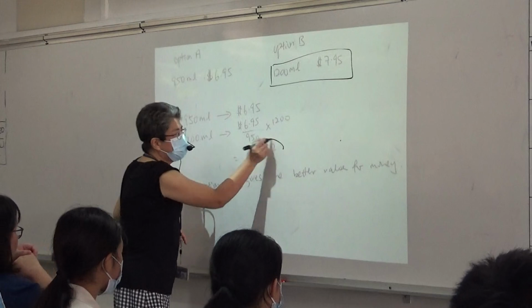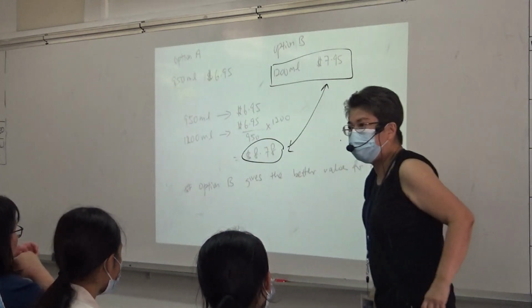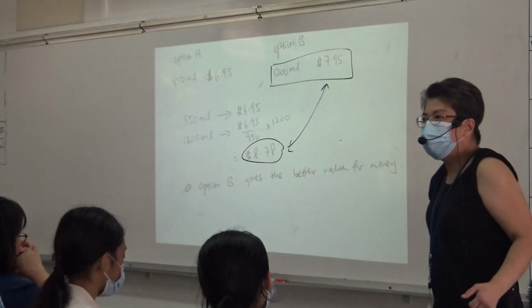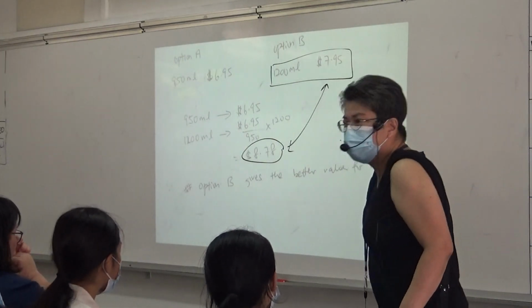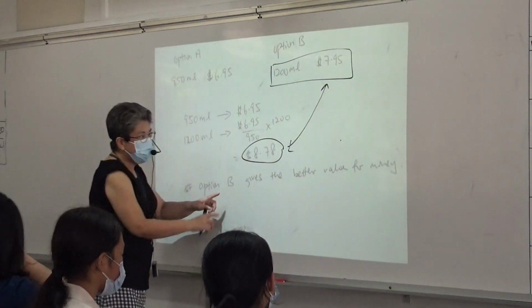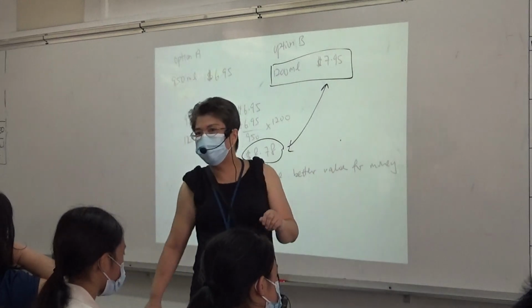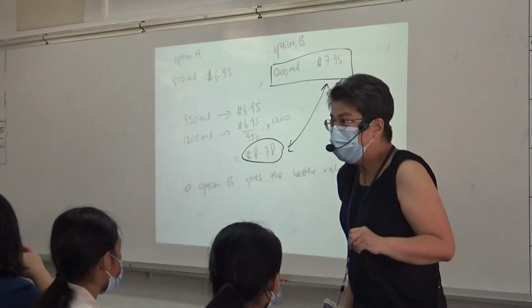This is 878. This is 795. So, which one is cheaper? Option B. So, you will compare. Then you say option B gives the better value for money. Are we clear with this?